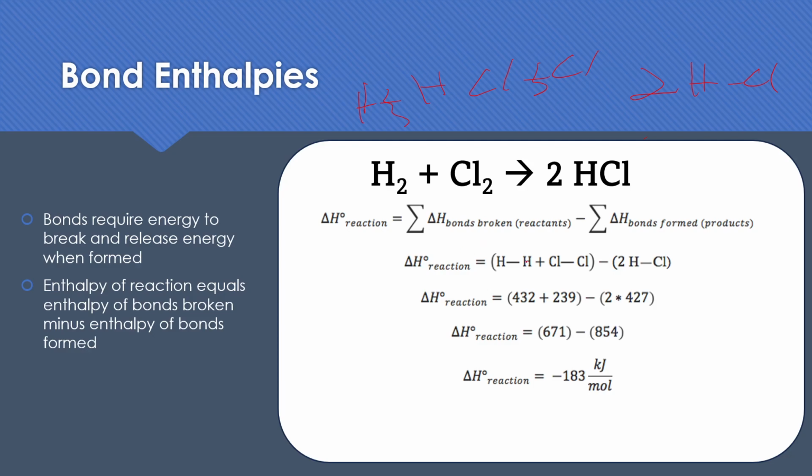So it's the enthalpy of 1 hydrogen-hydrogen bond plus 1 chlorine-chlorine bond. So we just add those together. Minus 2 times the enthalpy of the hydrogen-chlorine bond. Okay? So we get 432 plus 239 minus 2 times 427, 671 minus 854 gives you negative 183 kilojoules per mole. That's it. It's pretty straightforward.